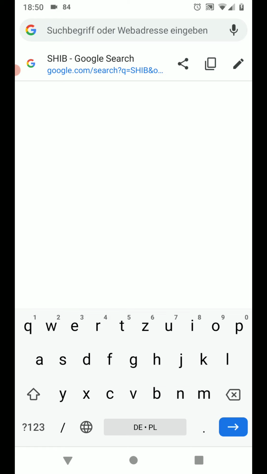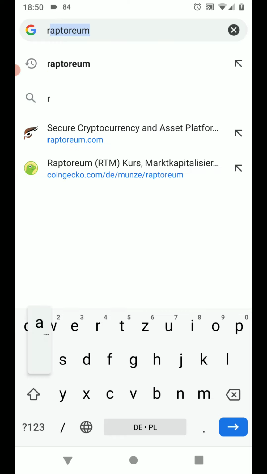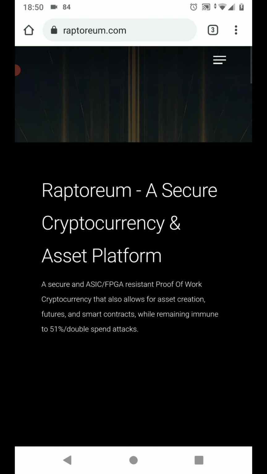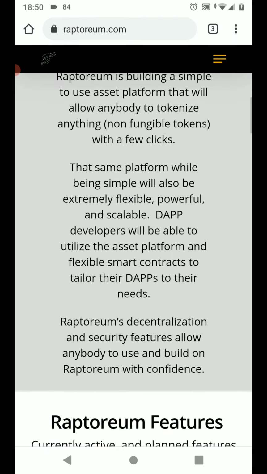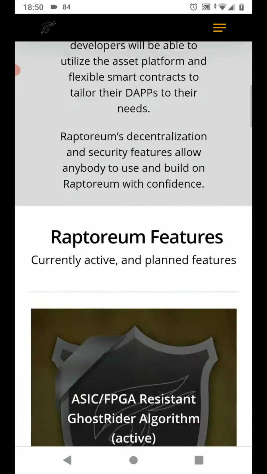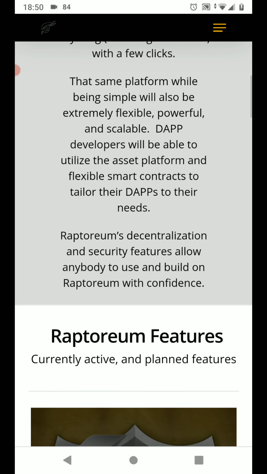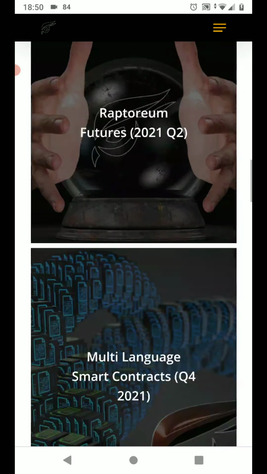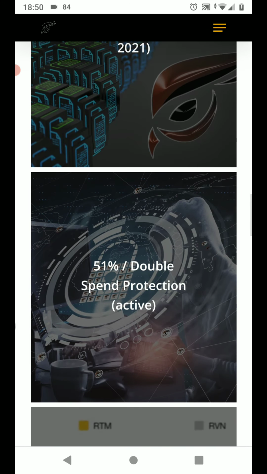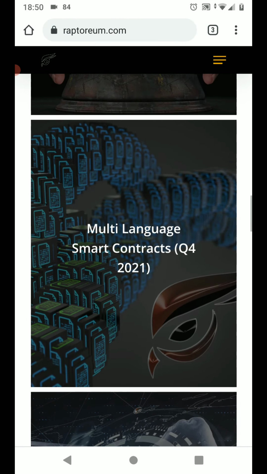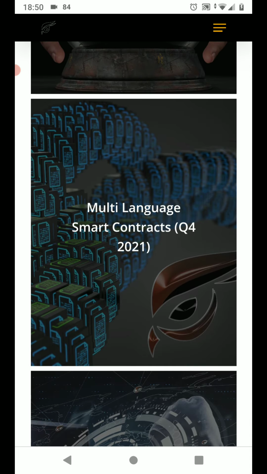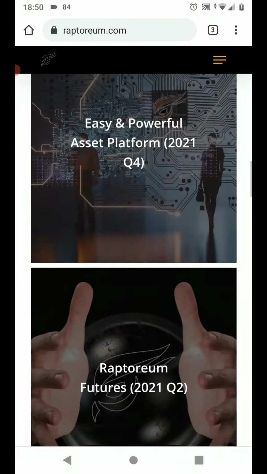You'd have to use some sort of magic. Now compare the utility. This one will be great for app developers and has 51% double spend protection, which is very important, and multi-language smart contracts, so many things coming.